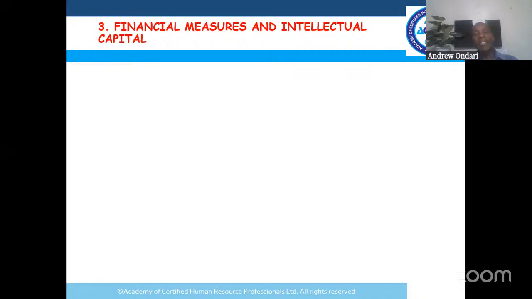As I indicated from my introduction, financial measures have to do with several things: 1, the revenue that people generate; 2, the profits that they make; and 3, the cost implications of what we do as HR managers. So 3 key financial aspects: 1, revenue; 2, profits; and 3, cost. These are the things that we are going to measure through all the functions.